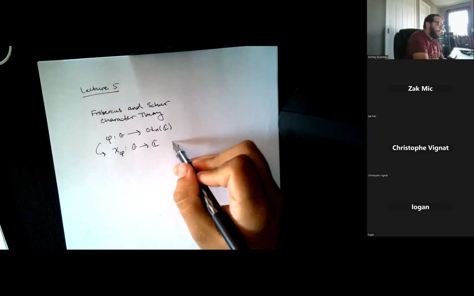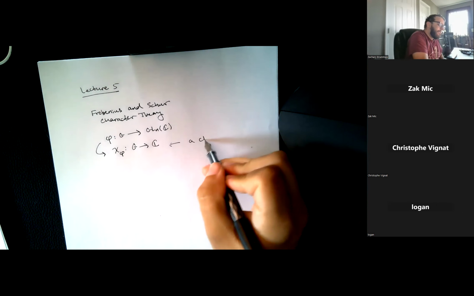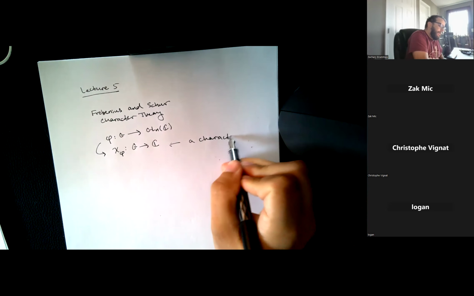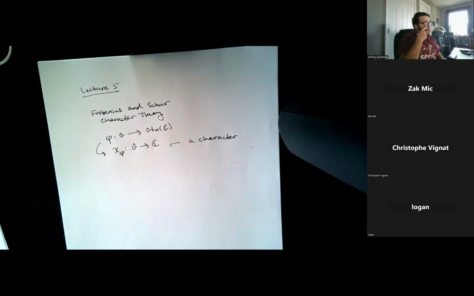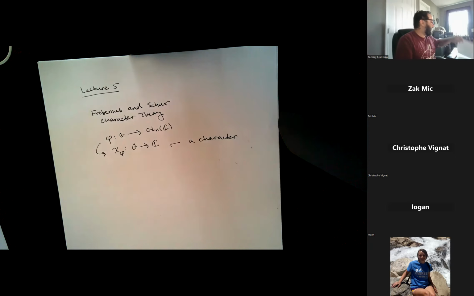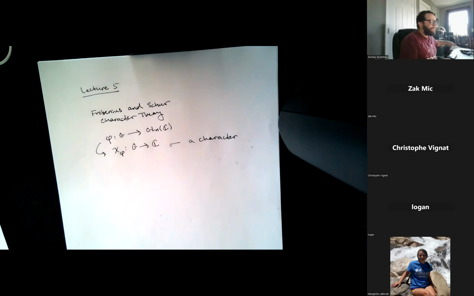And this thing will be called a character. And it turns out that the character will be given by just the trace operation. And so this whole chapter, we're going to think about representations in terms of matrices rather than the more abstract view of linear maps.